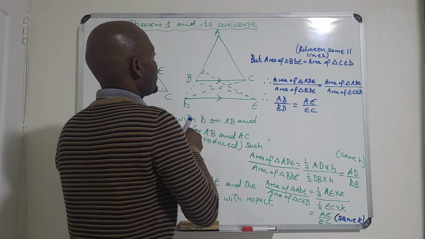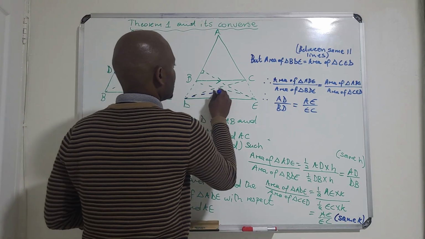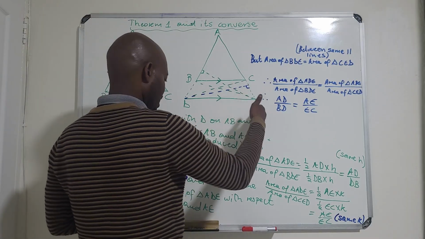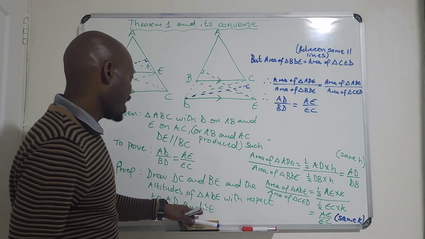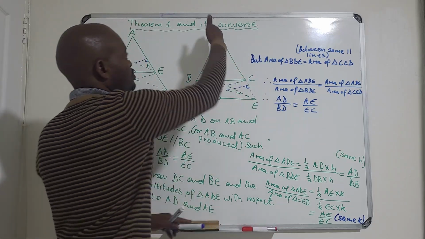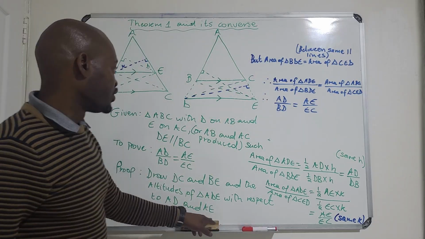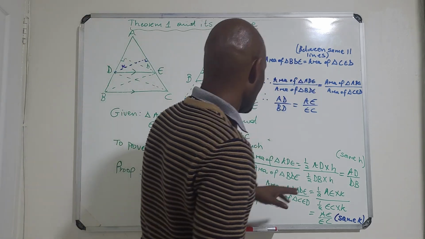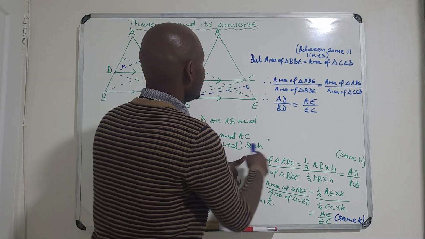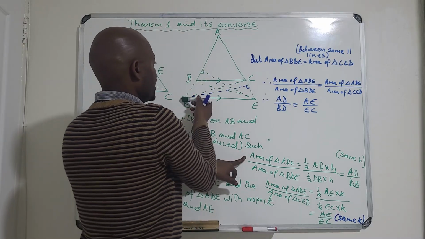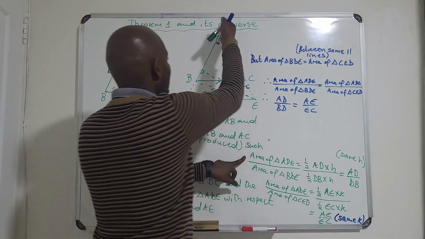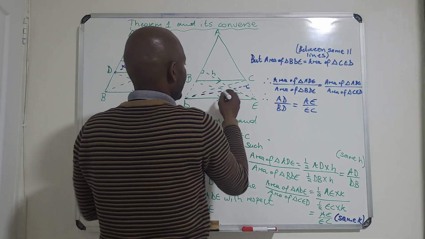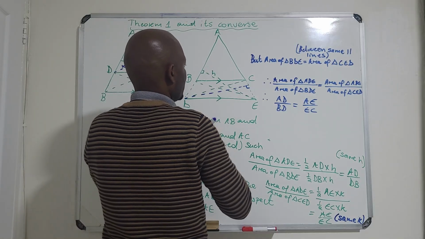I can draw the other altitude there with respect to AE. Now, we've just drawn that in here. Now we're proving the area of triangle ADE. Obviously, the base is AD. The height is H there. The height here in blue is K.